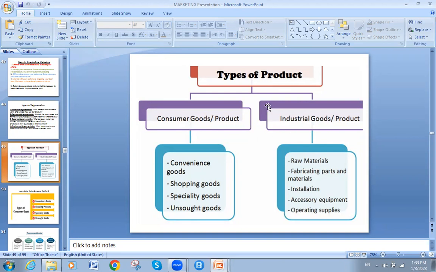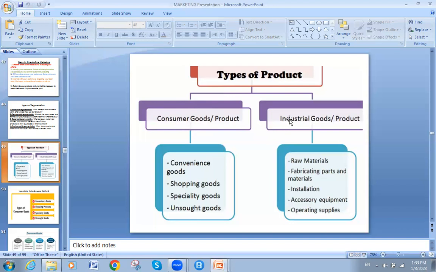If I say a stitching machine, we bought a stitching machine, and a lady is working on it. If she is sewing for her kids at home, for personal consumption, we call it consumer goods.